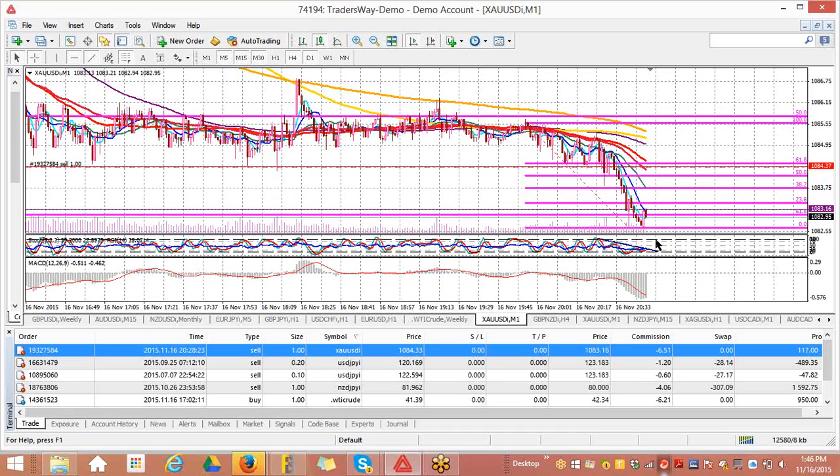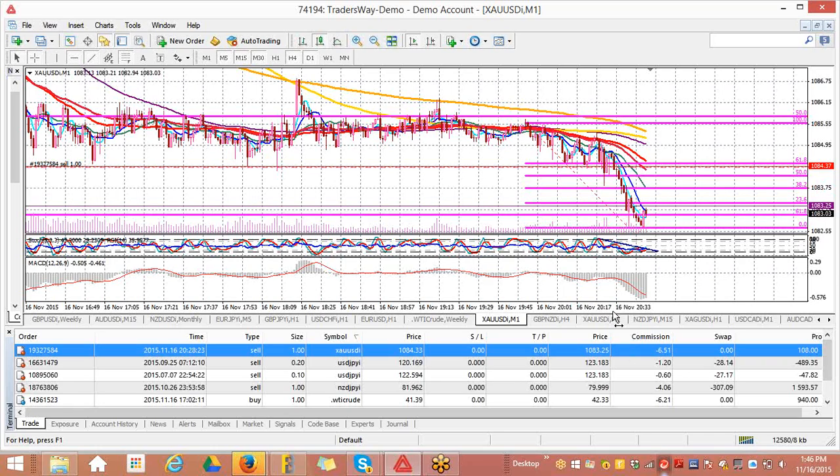Now, since that opened above the 10 moving average, I'm going to wait to see what this does. So usually when it does open above a moving average, it'll continue in that direction.